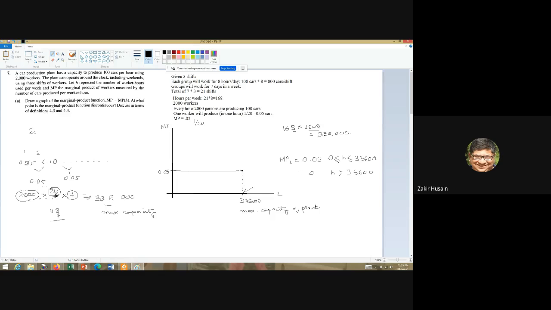The firm cannot use more labor in a week than this amount. Therefore, if you cross this limit and employ more workers, your output is not going to increase. So marginal product is constant, and output goes on increasing up to this point. After this, if you employ more workers, production is not going to go up.